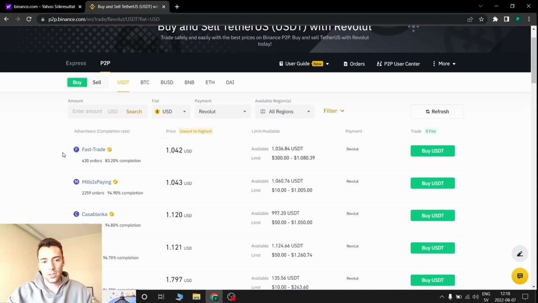For example, this person, Fast Trade, has 1036 USDT available, with a limit of 1000 to 3000, so you have to buy within this limit. Each USDT he's going to sell you for around $1.04. If you want to make a deal with him, you're going to buy USDT.